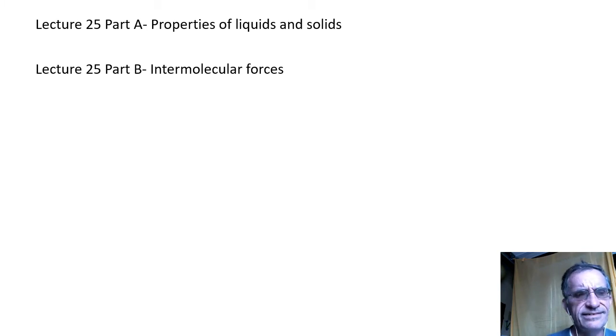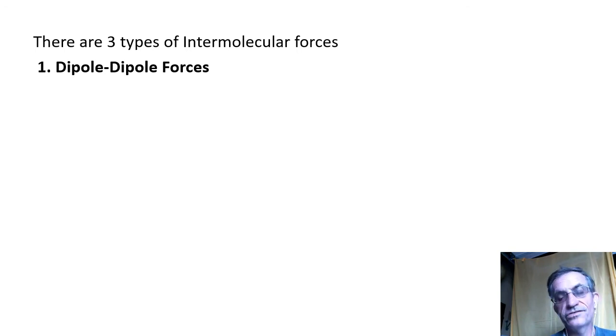What are these intermolecular forces, and how can you tell which one you'll have in between molecules? Okay. Force number one, possibility number one. There are three types of intermolecular forces. The first are called dipole-dipole forces. So when do you get these? They occur between polar molecules.